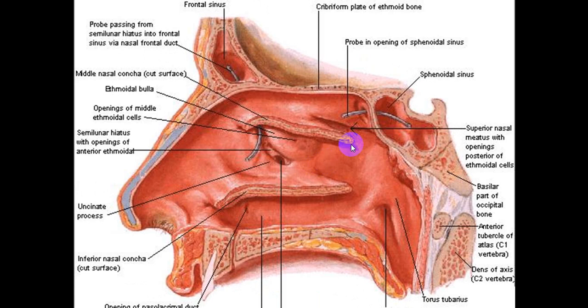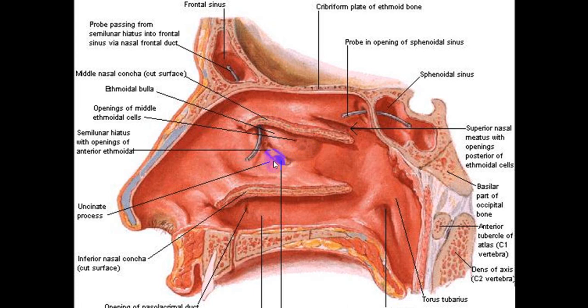This is the lateral wall of the nasal cavity, and we see the inferior turbinate and the inferior meatus, the middle turbinate and the middle meatus. Here is the area which is called the osteomeatal complex.